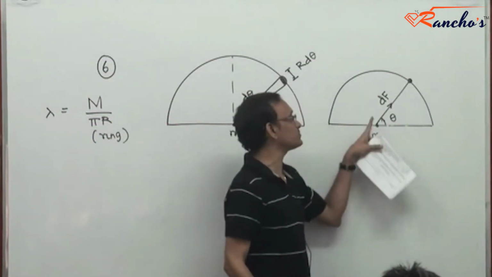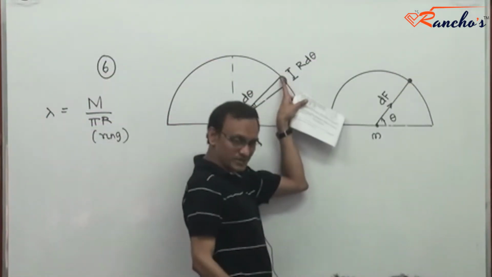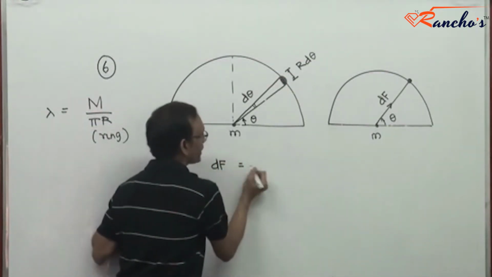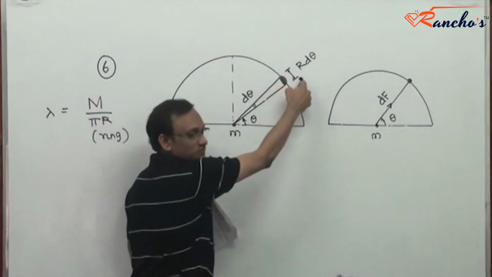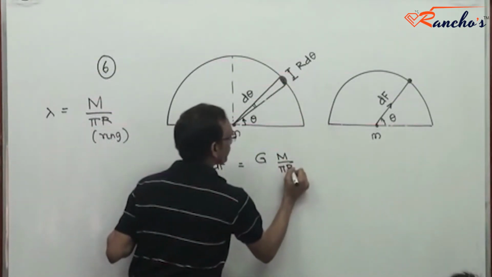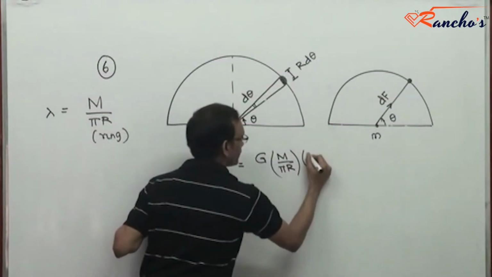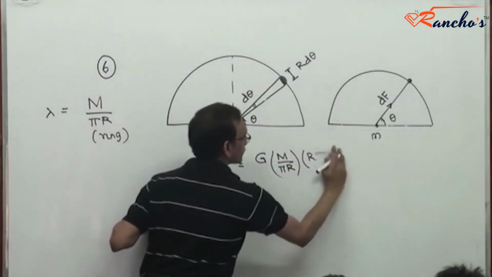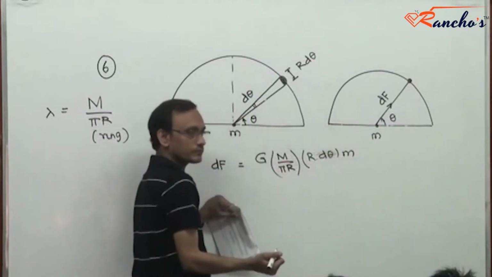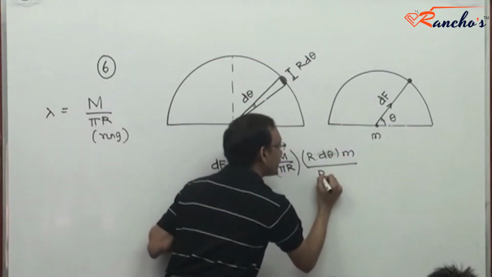This dF is given by G times the mass of this element, which is lambda into r d theta, where lambda is m by pi r, into r d theta, into the mass of this, small m, divided by r squared.